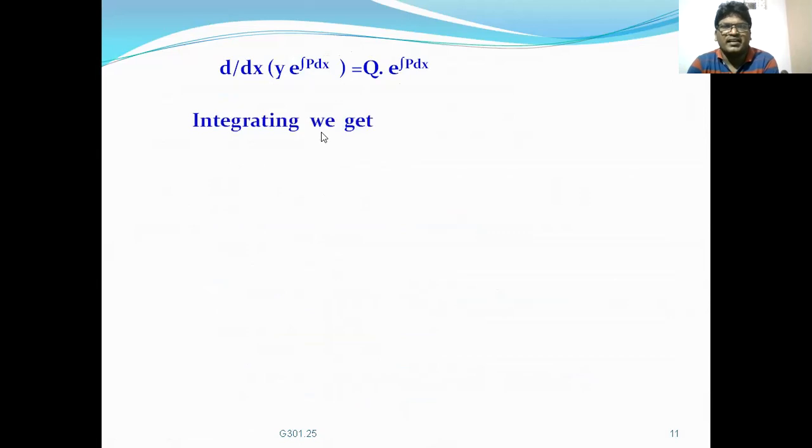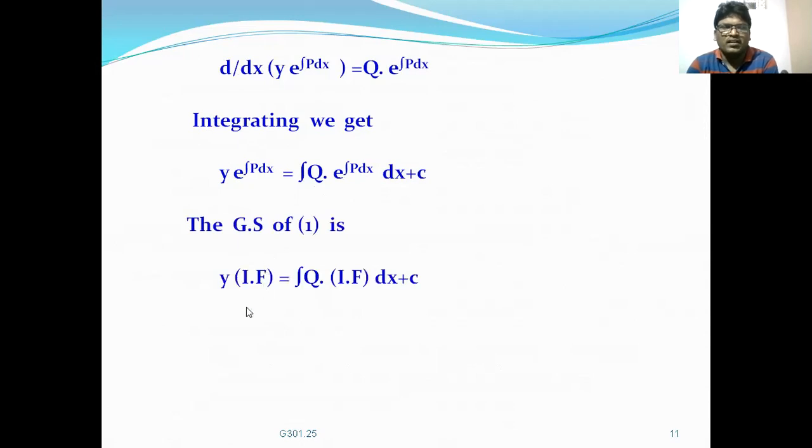Then, integrating on both sides, we get y into e power integration of pdx is equal to integration of q into e power integration of pdx into dx plus c. After integration, the derivative and integration get cancelled and you get only the y term. This e power integration of pdx is the integration factor. This is the general solution for a linear differential equation.